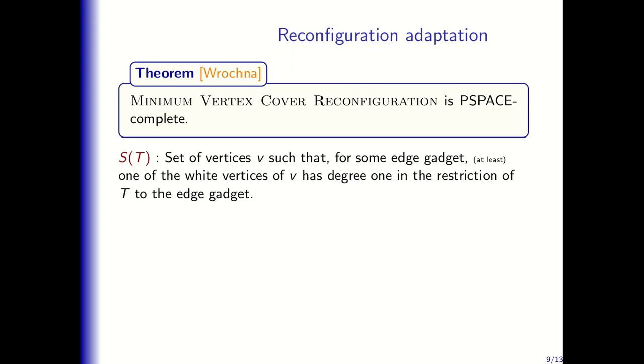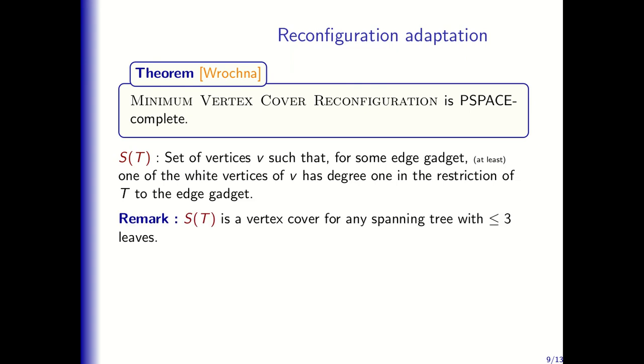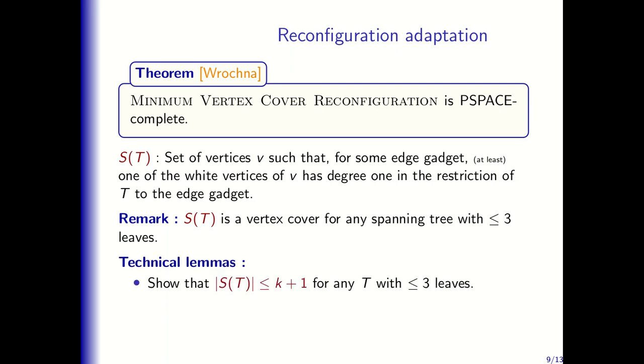But this is not finished, because we have to show that this set S is not too big, in order to be sure that it corresponds to a minimum vertex cover reconfiguration.